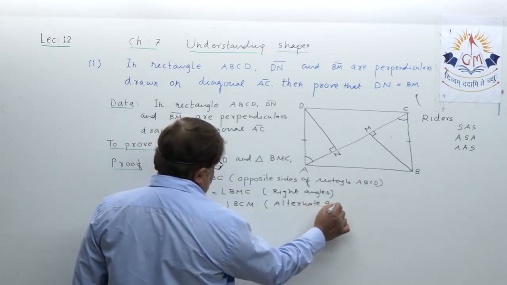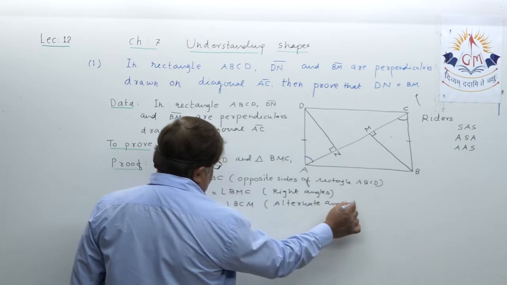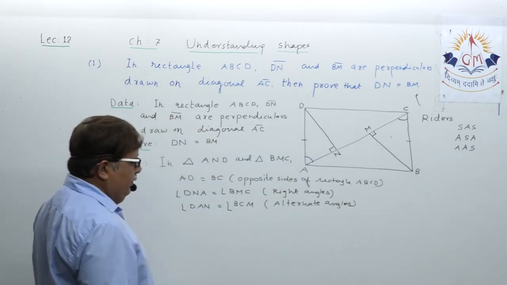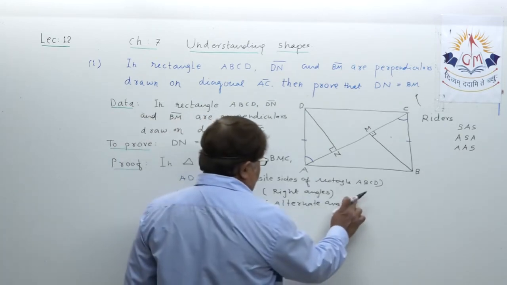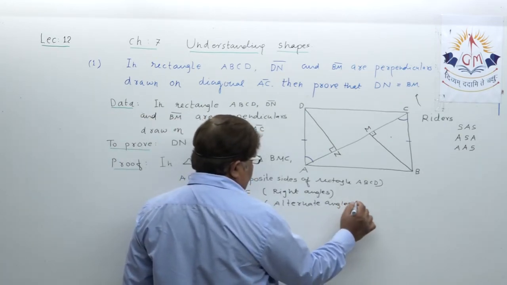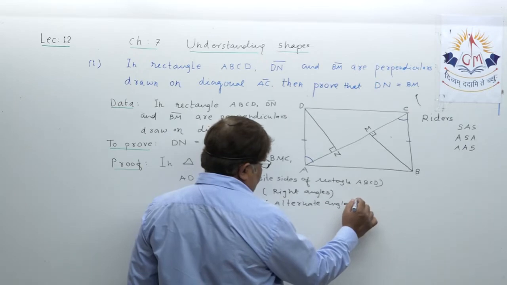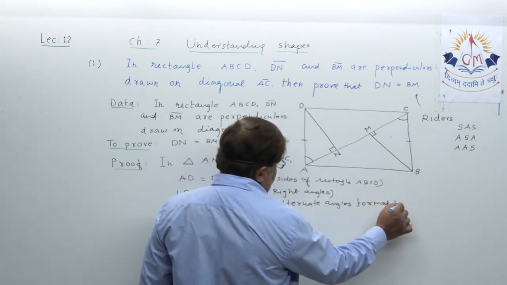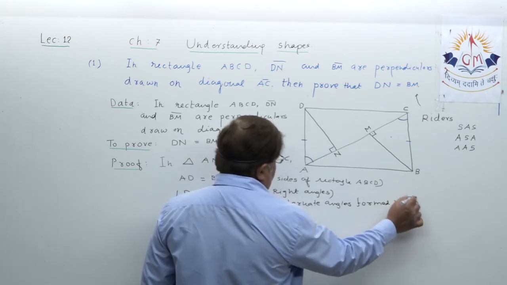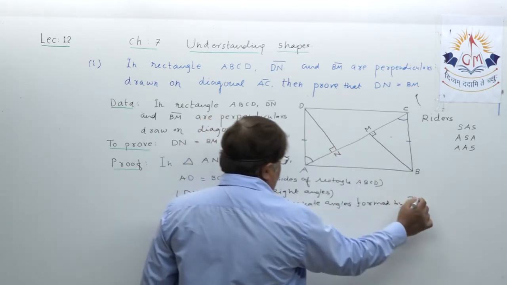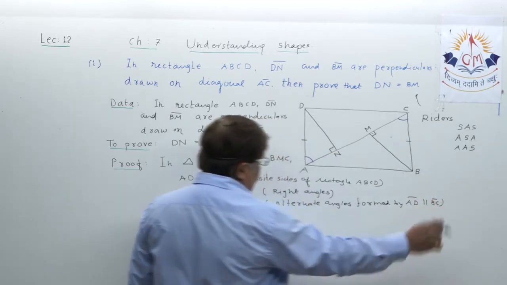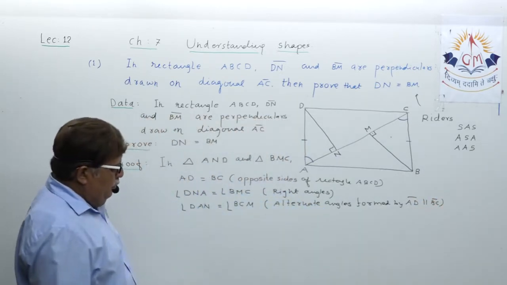Alternate angles. Right? And why are they congruent? If you want to make it more clear, you can write alternate angles formed by AD parallel to BC.